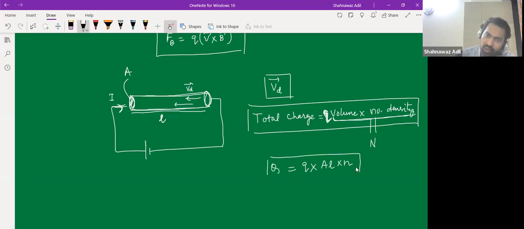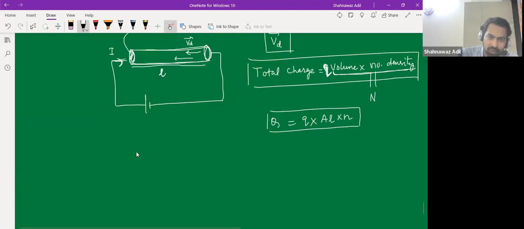Now you already know that force is Q Vd cross B. And we know that the charge is Q N A L, and this is Vd, and then into B.